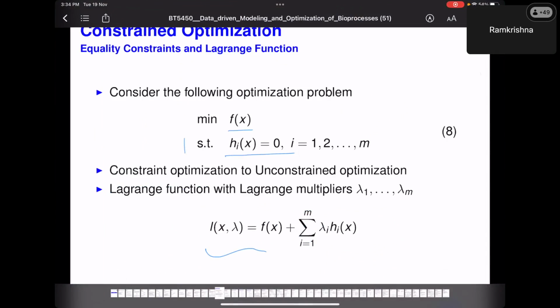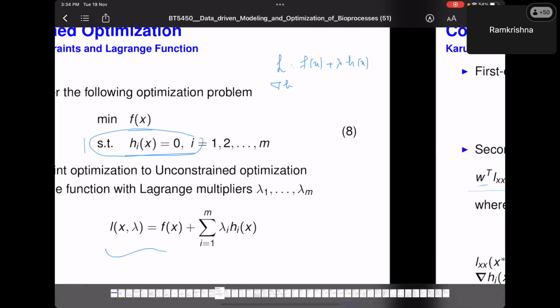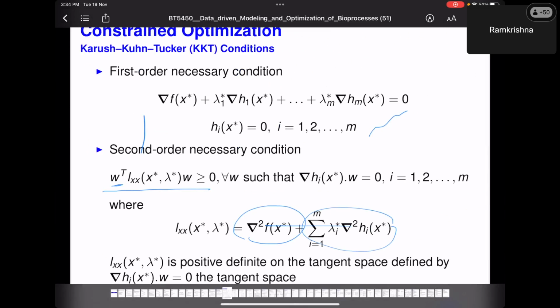This is my constraint problem that I'm minimizing a function f of x subject to a set of equality constraints which are mathematically represented as hi of x equal to 0. In the single constraint case, I define my Lagrangian as f of x plus lambda h of x, and then I look at the gradient of L, so the first order conditions would just be on this gradient of L. This is just the gradient condition. And if I have more than one constraint, this is how the first order condition generalizes.